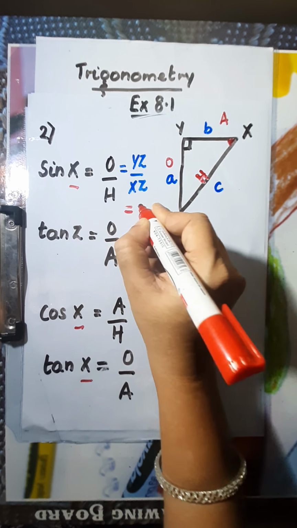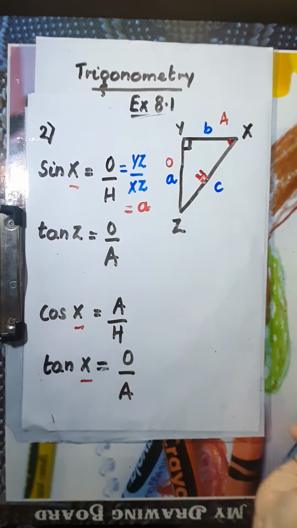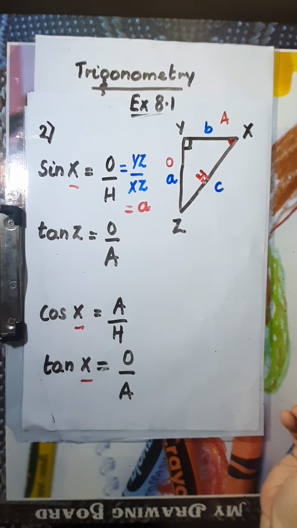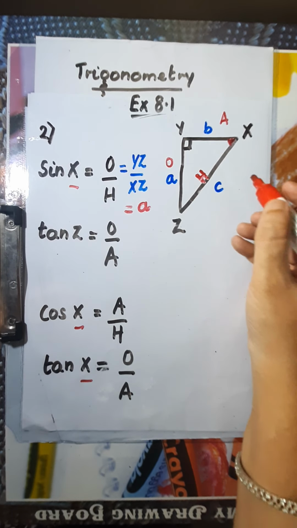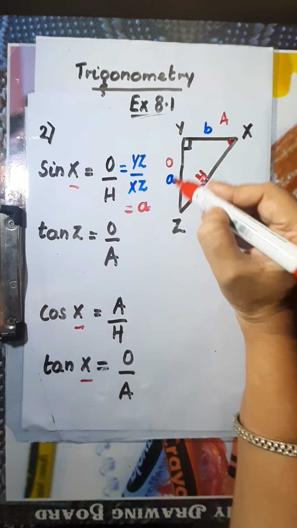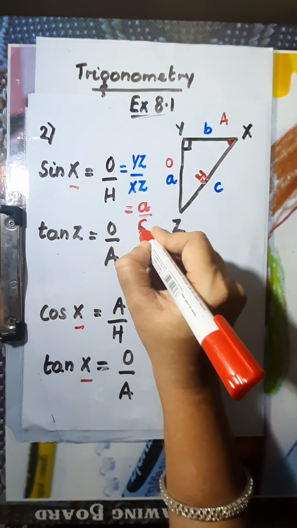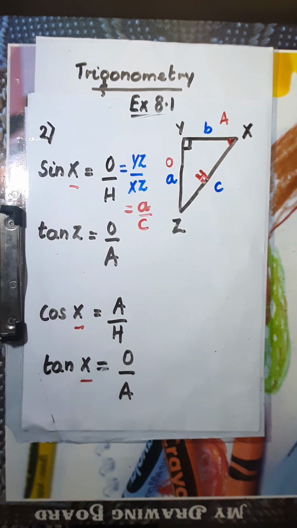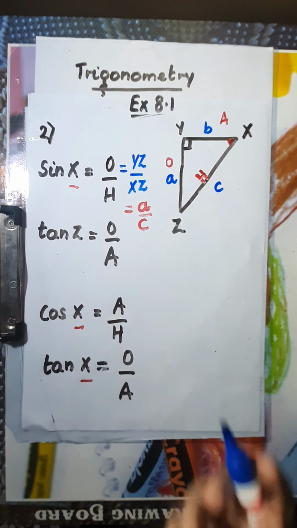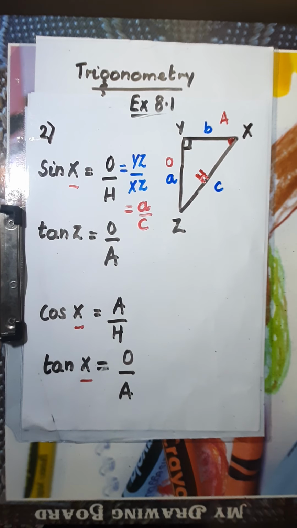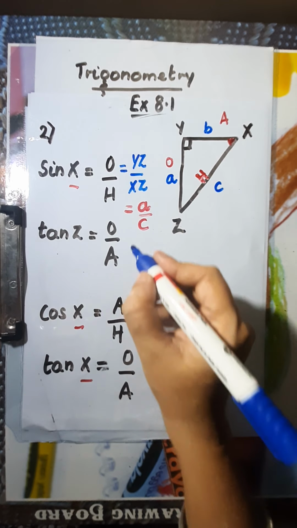It is known as A. YZ is A and XZ is C, so it is A upon C. That is the final. If I was given numbers like 3 and 5, I would write 3 upon 5 at the end. Since they are giving me A and B, I'll write A and B.